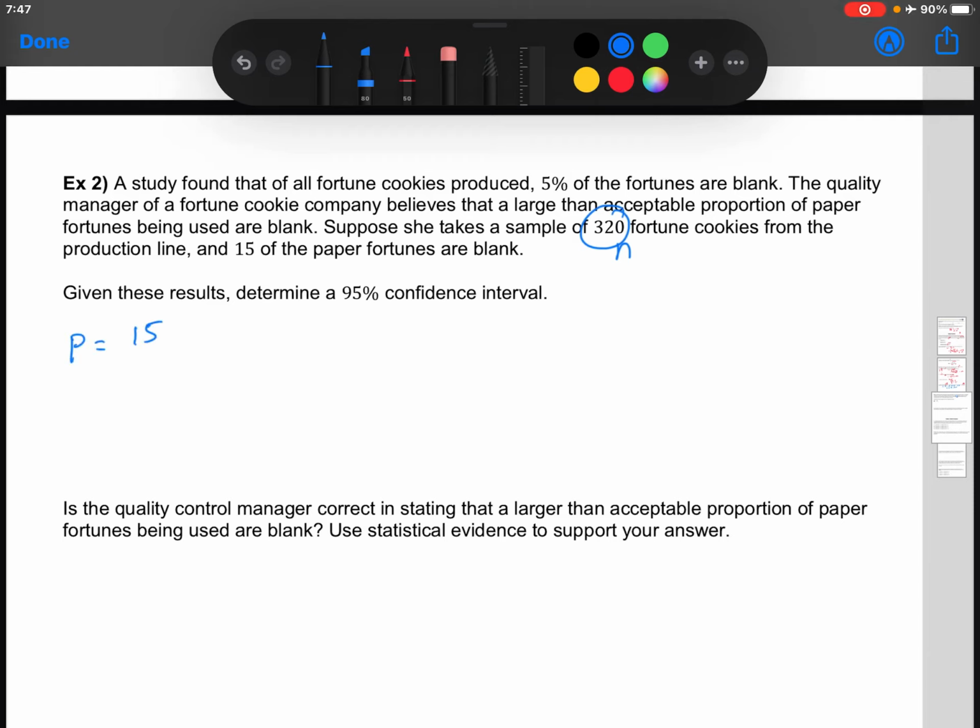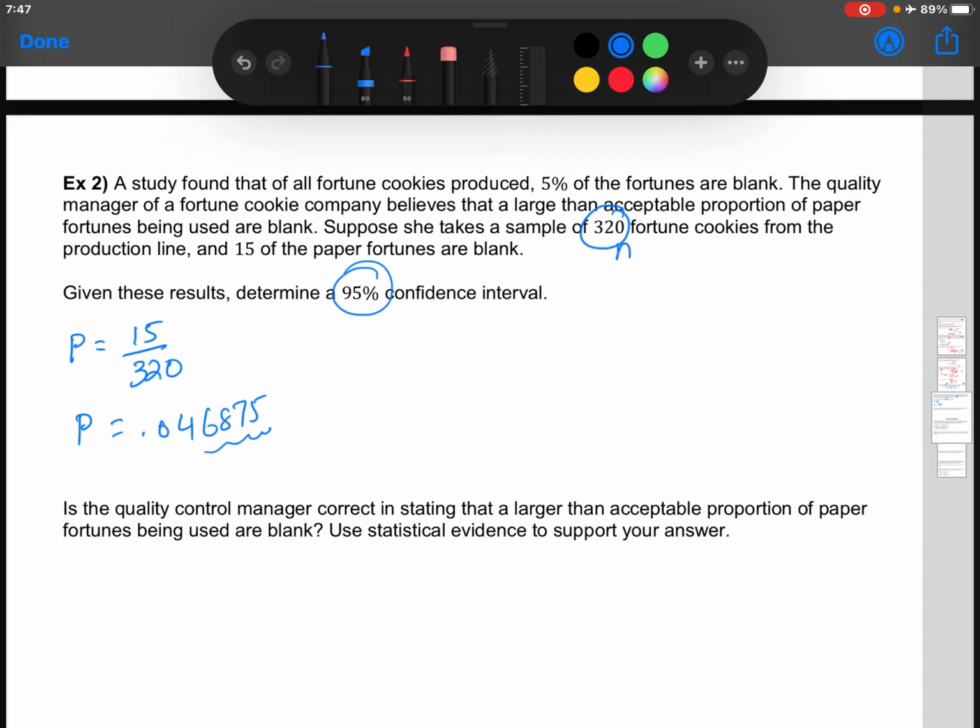So our proportion would be what? 15 out of 320, right? Isn't that how we did it in the warm-up also? That gives me the decimal 0.046875, but this is a rounded number, so I like to keep my fraction. I want to find my 95% confidence interval.